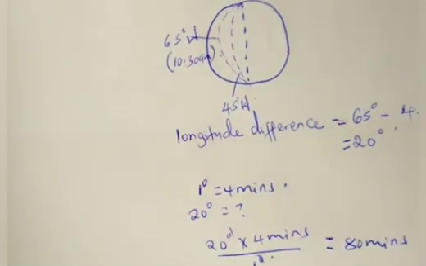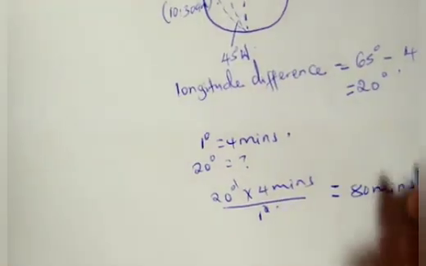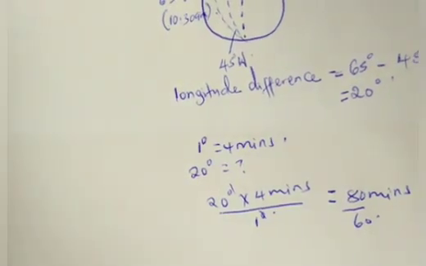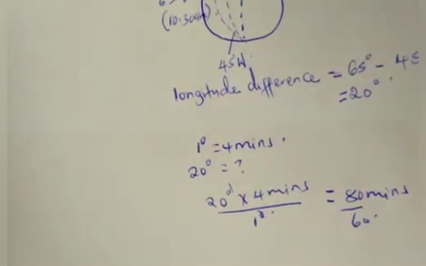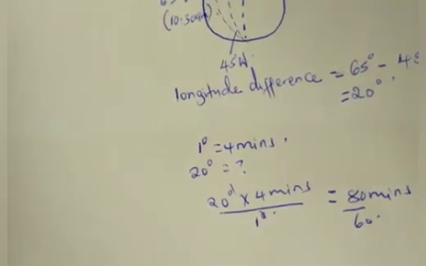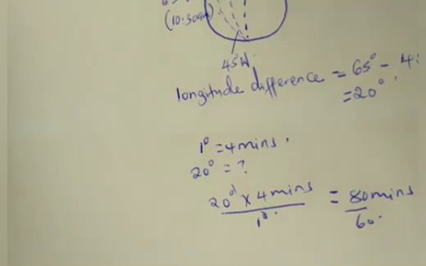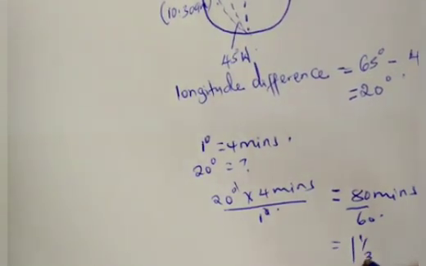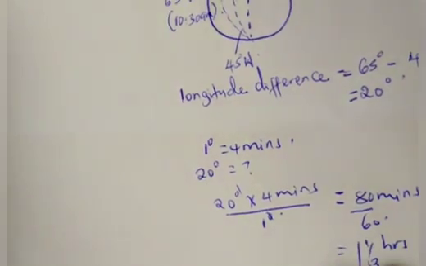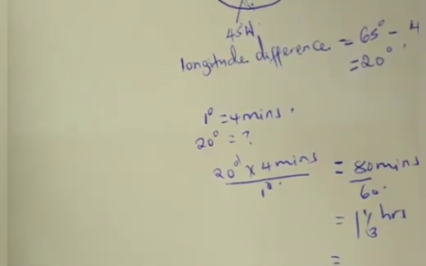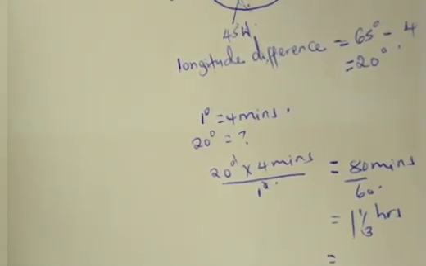We can convert these minutes to hours by dividing by 60. And this should give us, let me use my calculator, 80 divided by 60 is giving me 1 hour and 1/3 of an hour, and a third of an hour is 20 minutes.